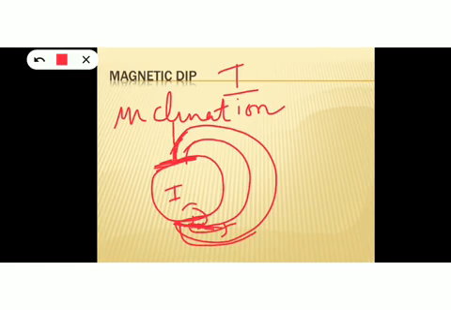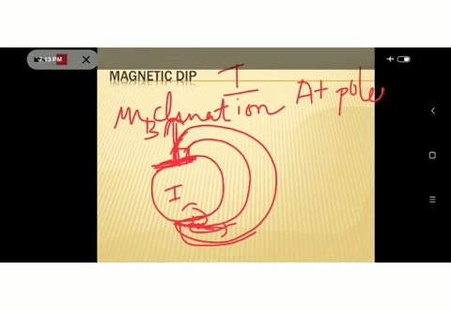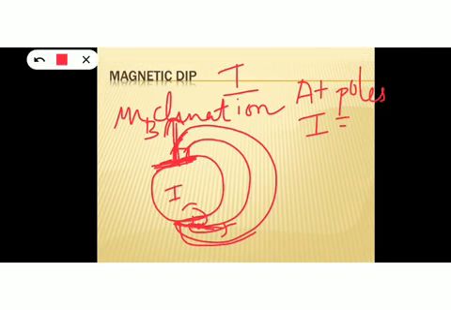The tangent will point normally like this, and this is the Earth's surface. So what is the angle between magnetic field and the Earth's surface? This is the magnetic field, and the angle will be 90 degrees. So at the poles, the value of magnetic dip is 90 degrees. Very important concept. And what will be the value of magnetic dip at equator?